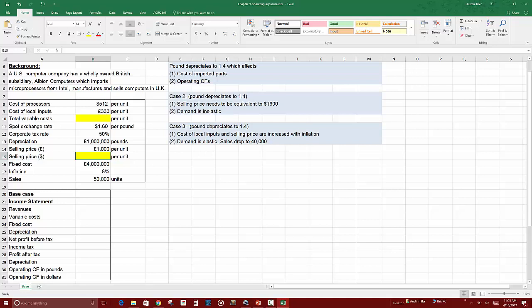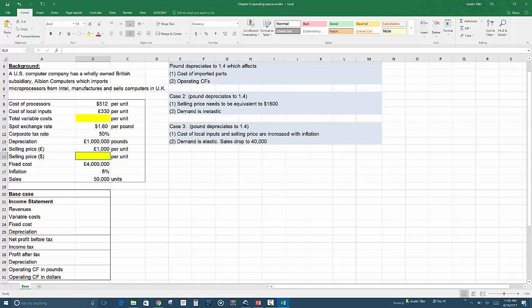And sales is 50,000 units. This is what I call the base case. We're going to look at the cash flow in this base case, and we're going to look at three different variations, three cases. Before we look at the three cases, let's first fill in the blanks.